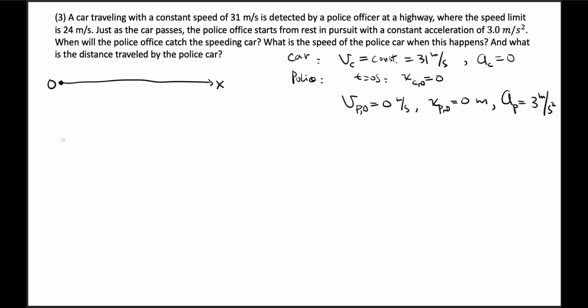So we can write down the displacement or final position for both objects. For the car, since it's constant, we just need to multiply the VC by t here, and then for the police officer, we can write down this quadratic equation.